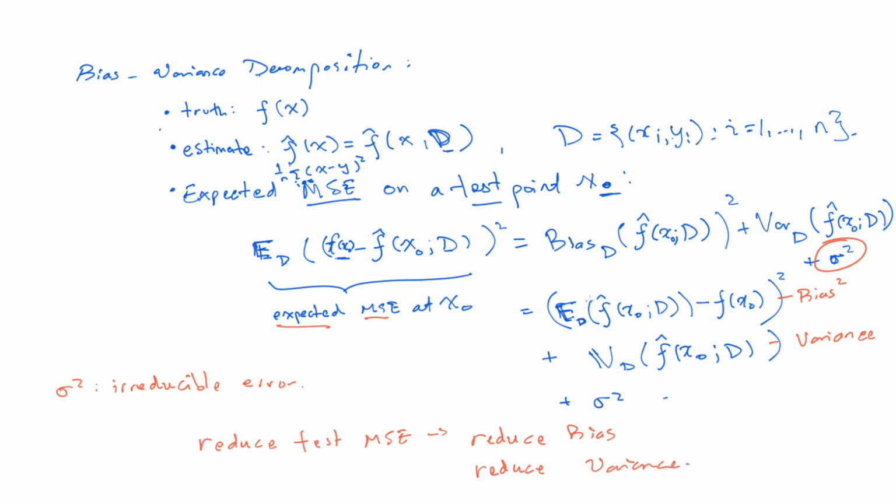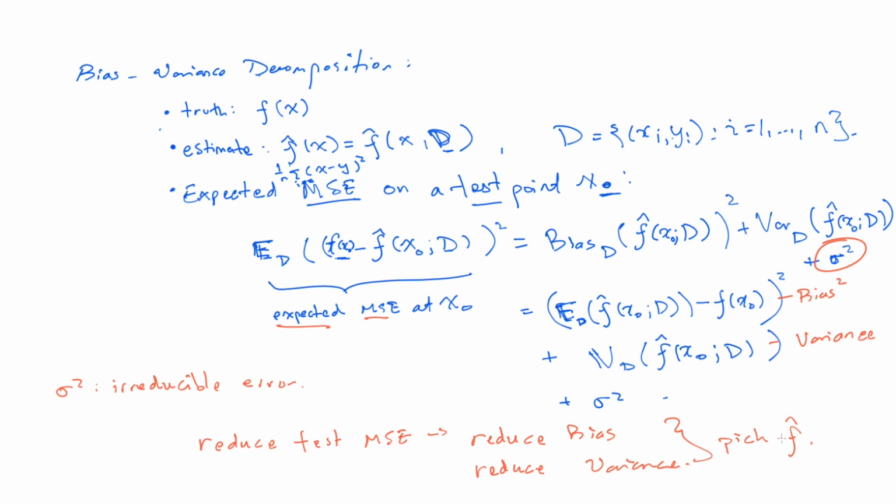I want to pick an estimator f hat such that I have low bias and low variance. The problem is, there's a trade-off between these two, as we'll see in a minute. As you reduce variance, you're going to increase bias, and vice versa.